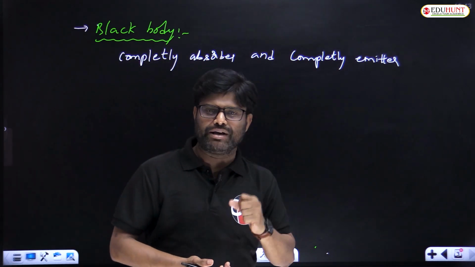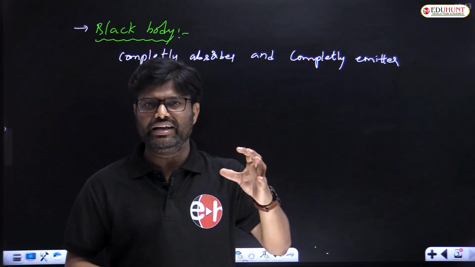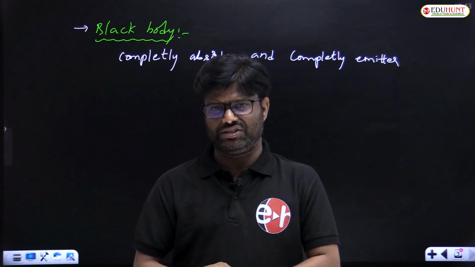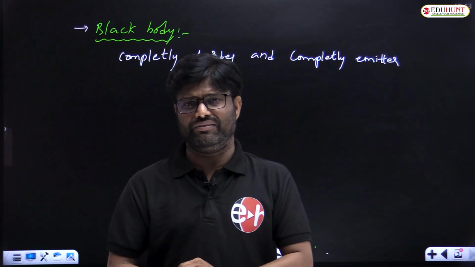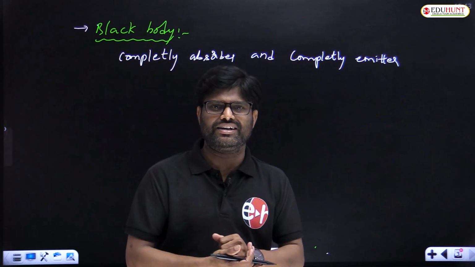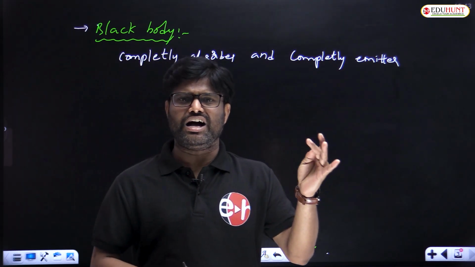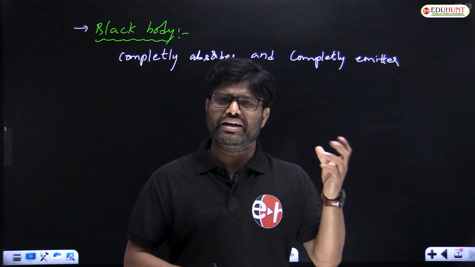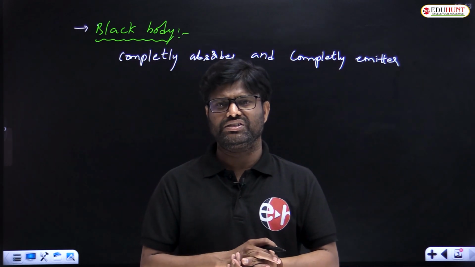It is a completely absorber of all types of radiations, and emits all types of electromagnetic radiations. So what is electromagnetic radiation? Already in the previous class we have discussed that. Cosmic rays, X-rays, gamma rays, UV rays, visible light, IR light, radio waves, microwaves, all these are electromagnetic radiations.